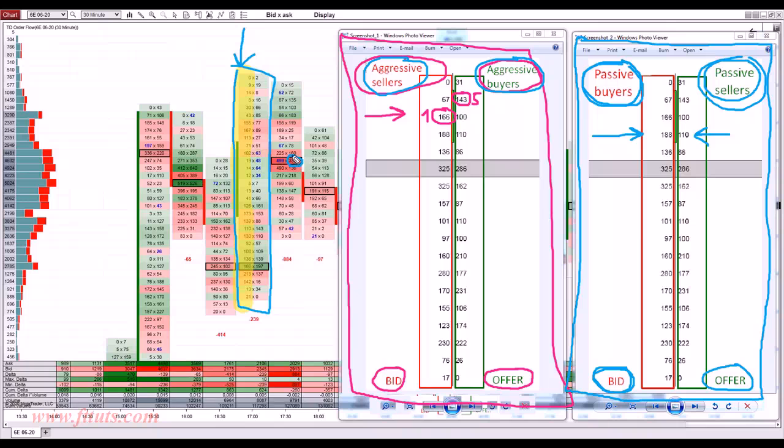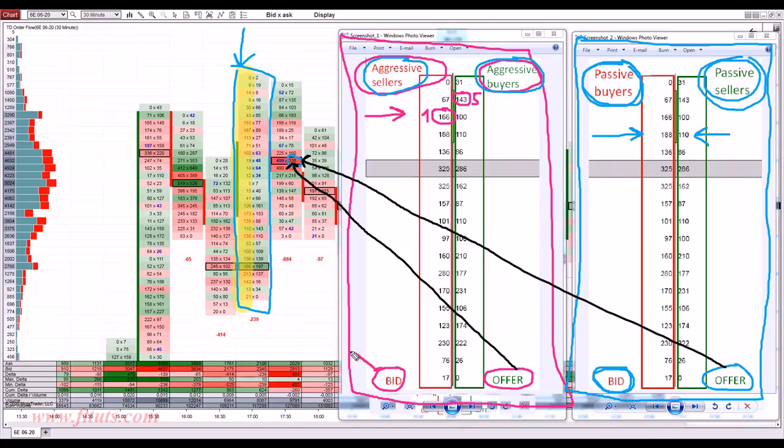But it doesn't automatically mean that this guy or those guys are aggressive buyers just because they are on the offer side. They can as well be passive sellers, because both show on the offer side. And all those guys from the bid, they show in here.